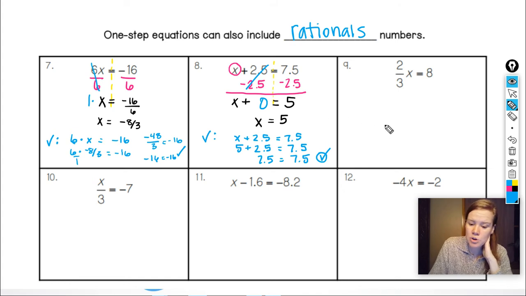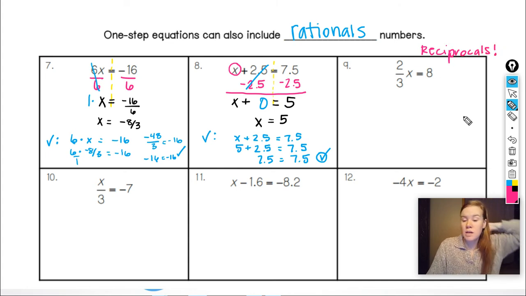Okay, let me show you this next one. It's kind of unique. 2/3 x. So what we have is a fraction as a coefficient. So you're multiplying and you're dividing, but there's a little bit of a trick with fractions, and the key is to use reciprocals.